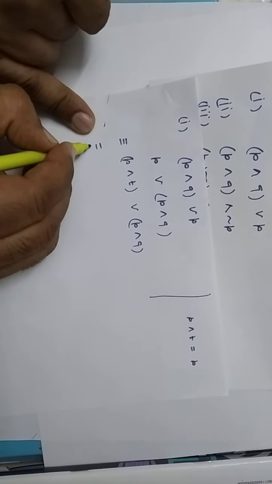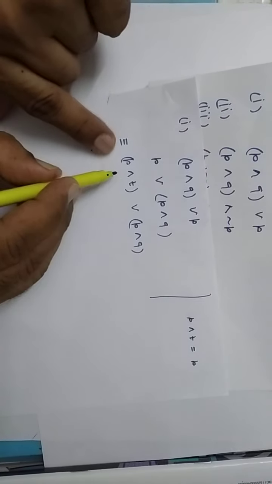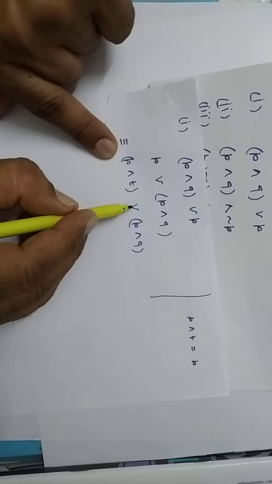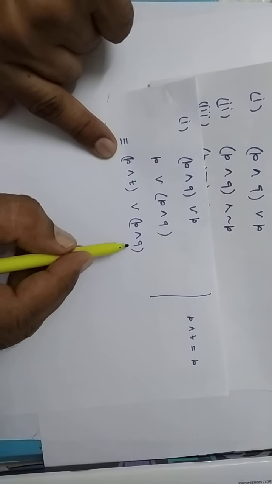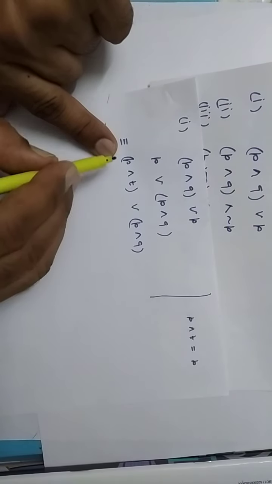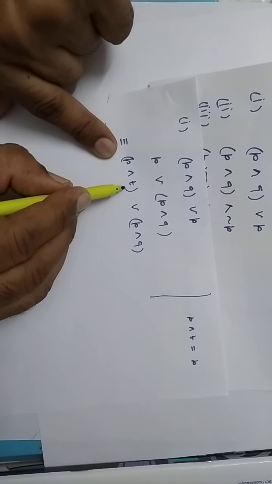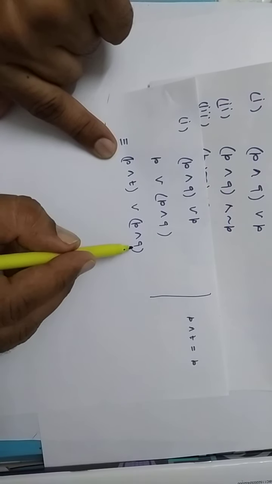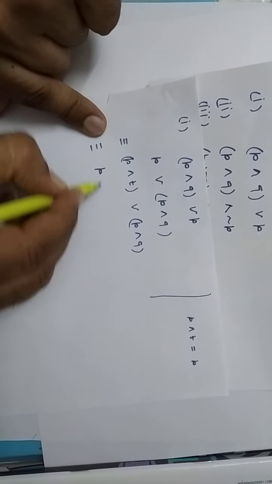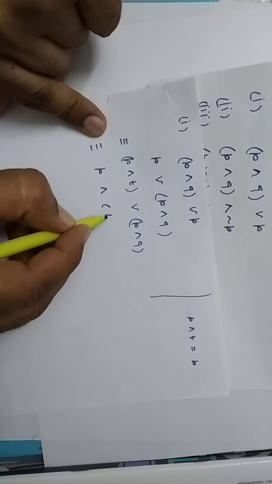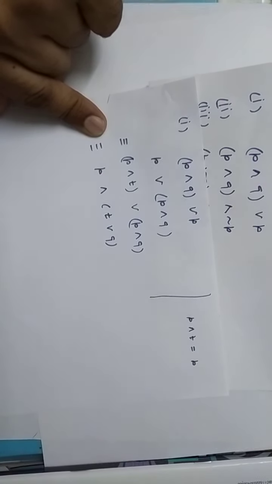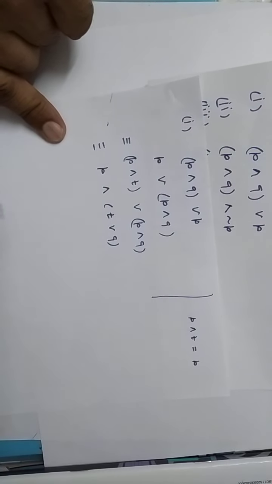And here we see P and T join P and Q. This is distribution of P over T join Q. P and T join Q. This is the distribution law.